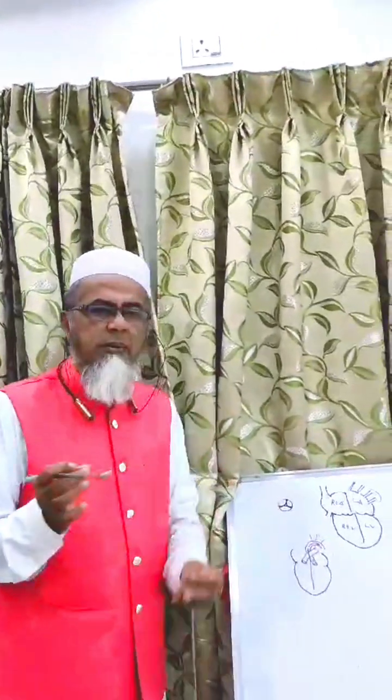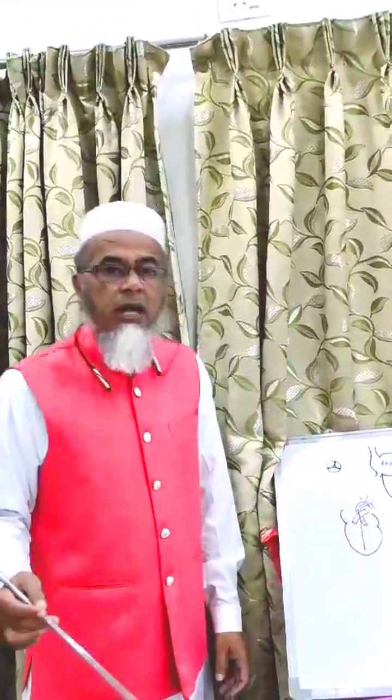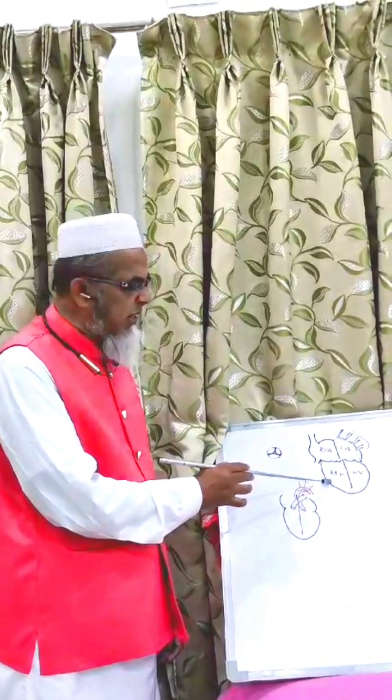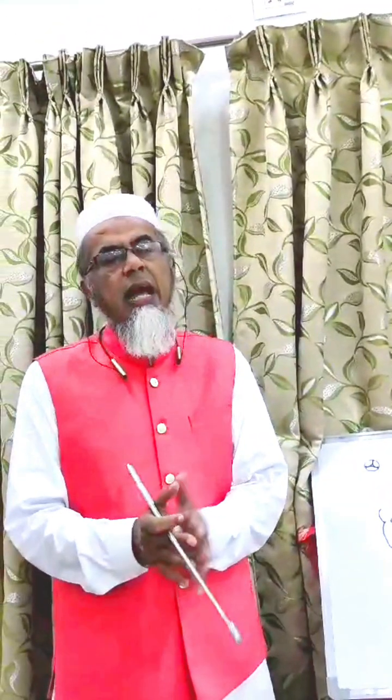But where tricuspid stenosis or regurgitation takes place, the whole 100 ml will not be pumped out; the residual volume will be 5 to 10 ml, and another 100 ml will come from the superior vena cava and inferior vena cava.